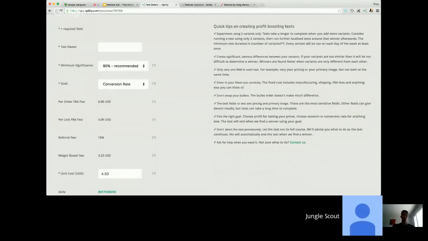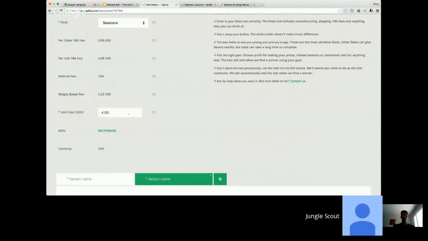You can choose either conversion rate, profit, or sessions. These are the different things you're testing for, and we're going to show you information for all of these. However, this is how we'll decide whether your particular test is a winner or not, whether it's 90% significant on conversion rate or 90% significant on increased sessions and so forth.